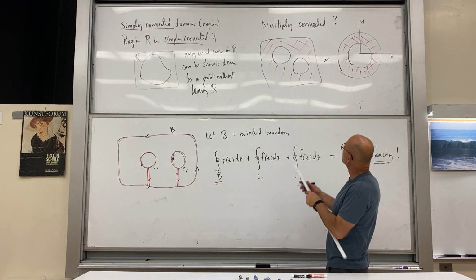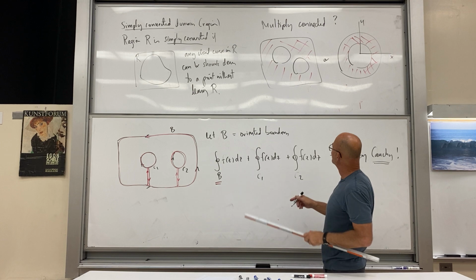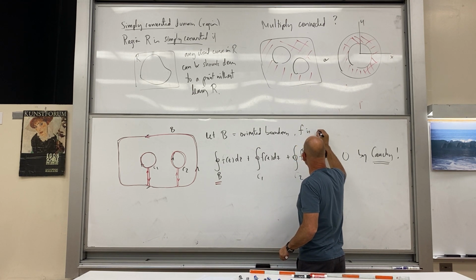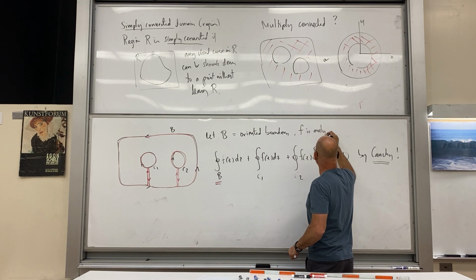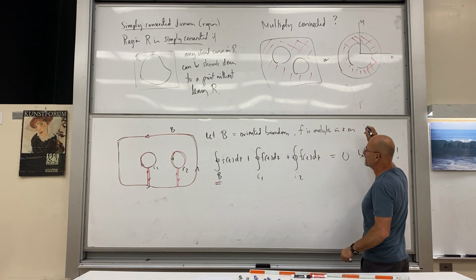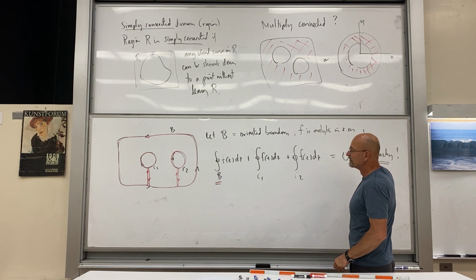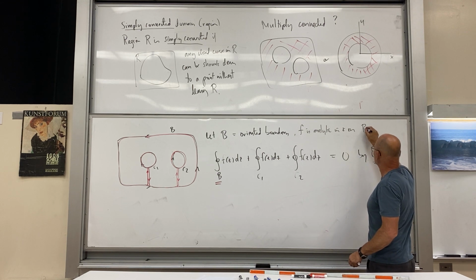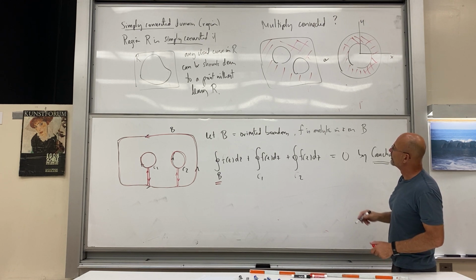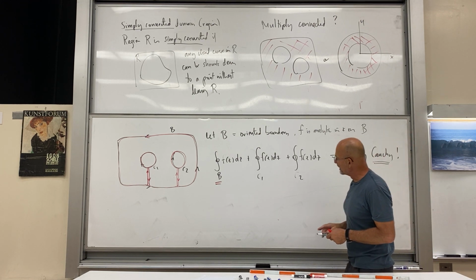So let's make sure we formulate everything. We had f is analytic in and on B. Let me make sure I label this thing correctly. So B is the total oriented boundary.